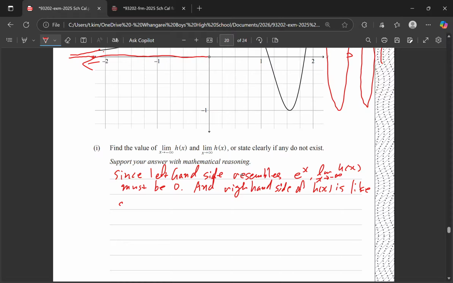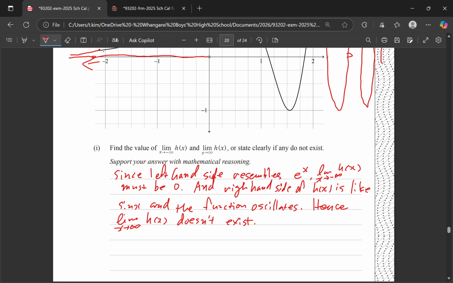sine of x, and the function oscillates. Hence, the limit as x approaches positive infinity of h of x doesn't exist, right?